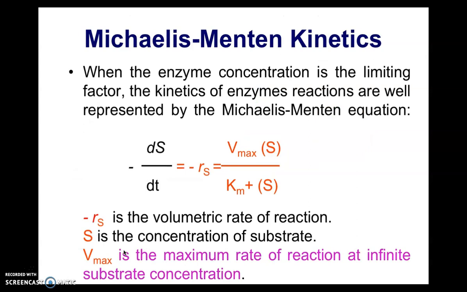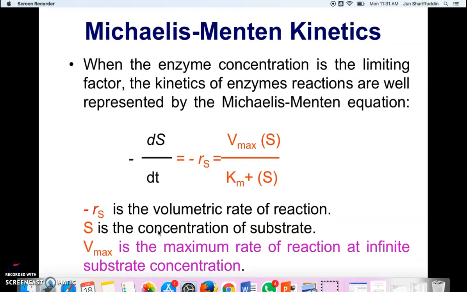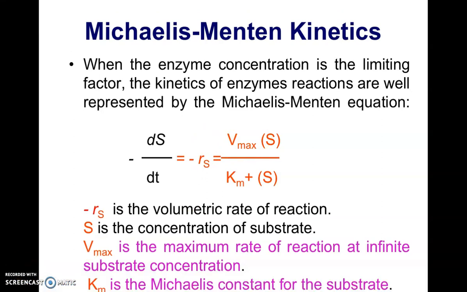So we will use Michaelis-Menten kinetics in order to describe the reaction rate of the enzymatic reaction. The enzymatic reaction can be described by the Michaelis-Menten equation, which is this equation. If you look here, dS over dt equals negative rS.